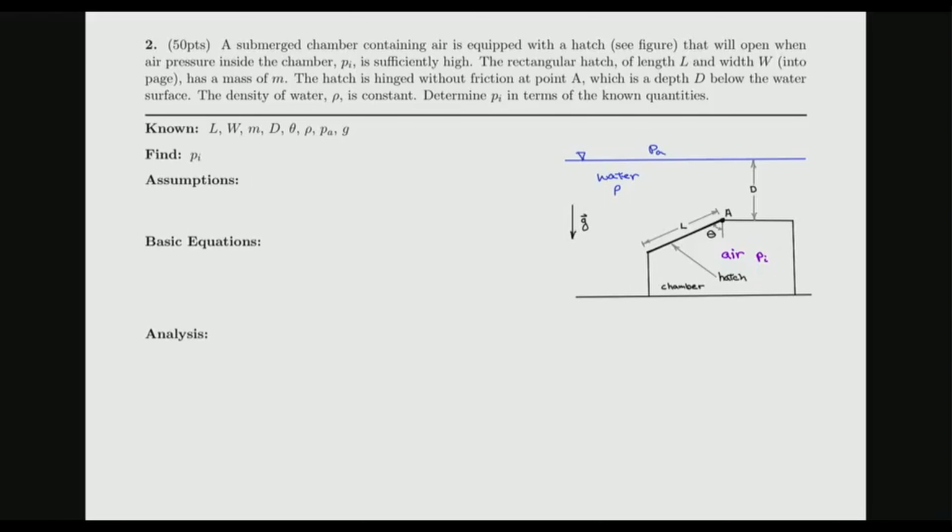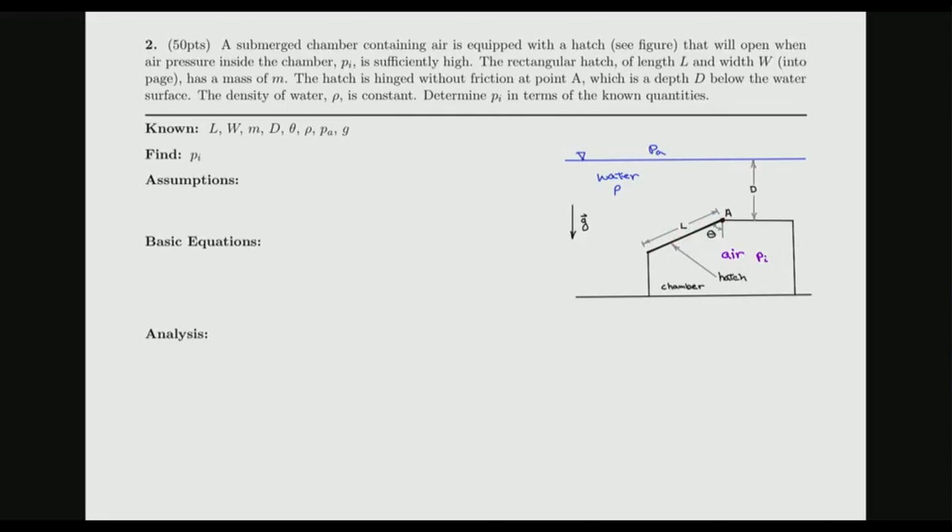So remember, unless we have a large change in elevation, for a gas we can basically neglect the pressure change with elevation or depth as compared with a liquid. Now this chamber containing air is equipped with a hatch. So this is the hatch, and it's hinged at point A. And this pressure, which will act uniformly over the hatch, gives a resultant force on this side.